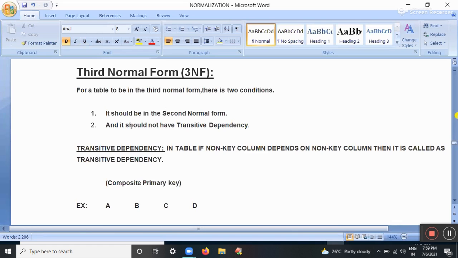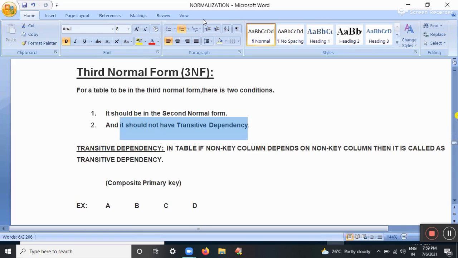And along with that, the next one is that it should not have transitive dependency. So the first thing is your table should satisfy the second normal form technique, that means no partial dependency columns.